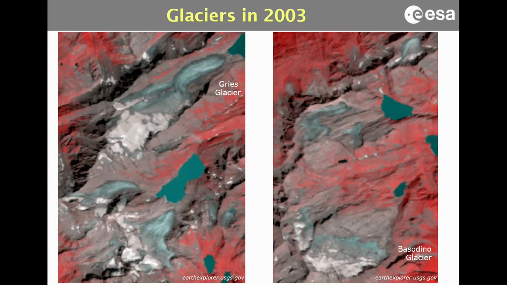When we change now to the satellite perspective, I have here a picture from two mass balance glaciers, Grise Glacier to the left and Basodino to the right. And this image has been taken by Landsat in the hot summer of 2003, which some of you might maybe remember. It was very hot. And at that time, glaciers had still, let's say, a little bit of snow and firn left.